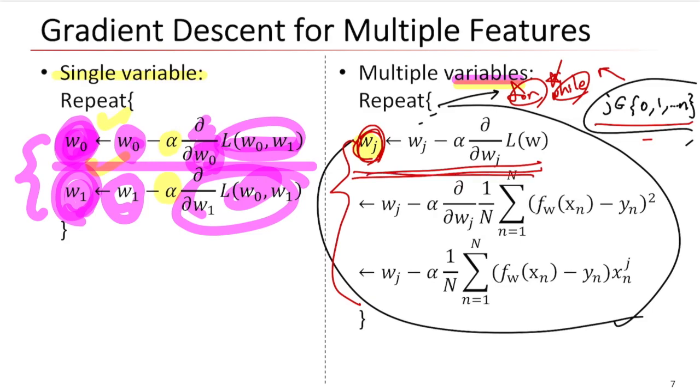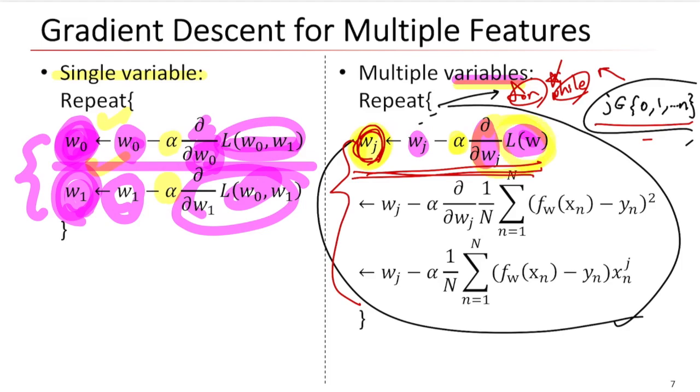Anyway, from the previous parameter wj, we compute the derivative of the loss function with respect to wj, multiply this value by alpha, and then we can compute the new wj, which will be the current wj in the iterative solution.